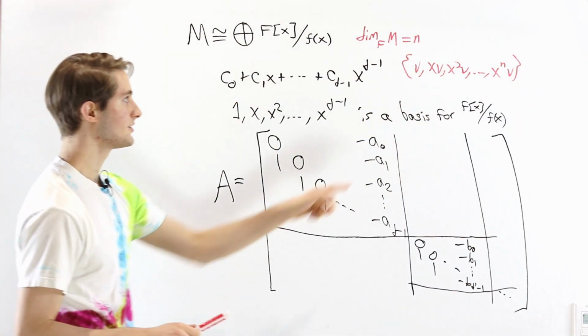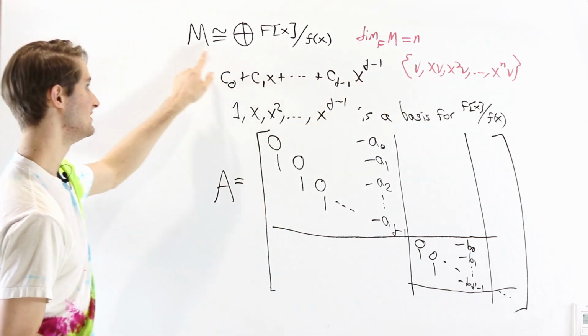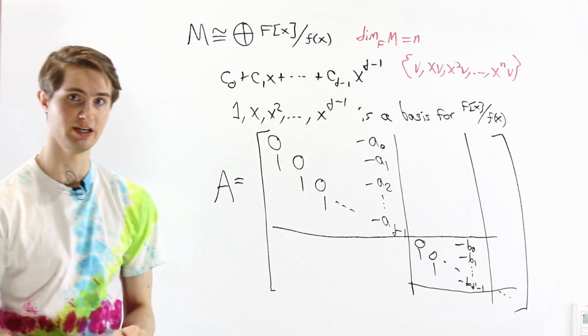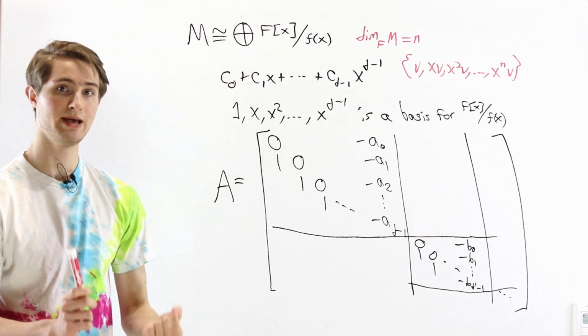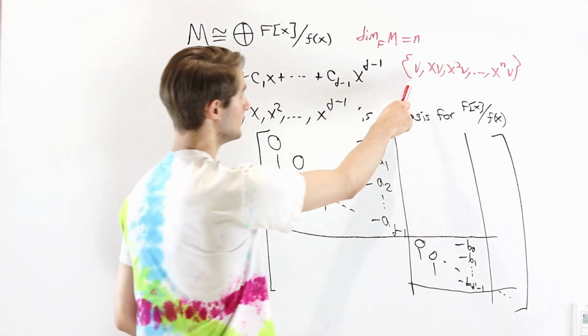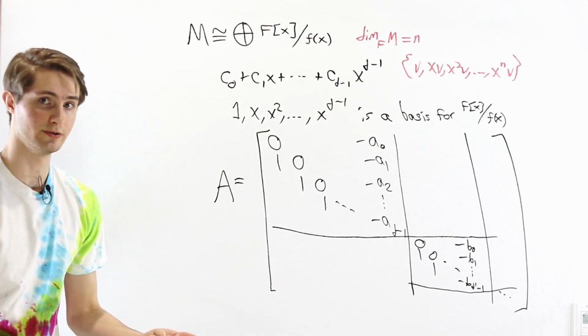Now the number of vectors here is n plus 1, but because M is an n-dimensional vector space, n plus 1 vectors have to be linearly dependent. In other words, there is a linear combination of these vectors that adds to 0.